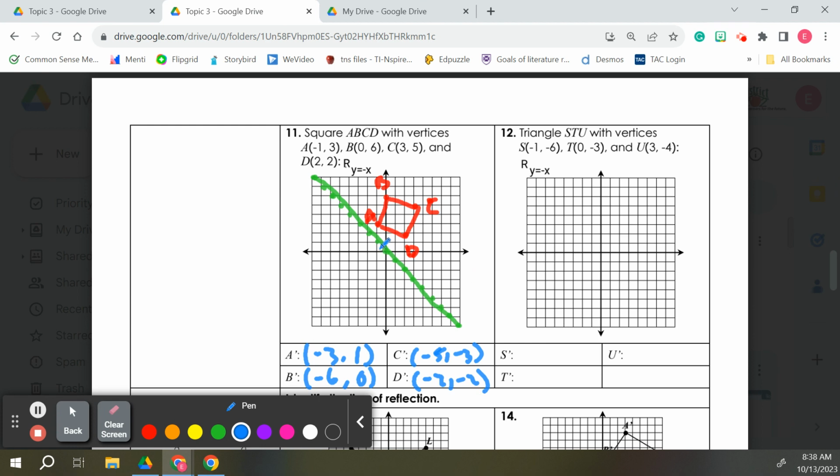And I'm just going to plot these. So there it is. Here we have A prime, B prime, D prime, C prime. Try the next one on your own.